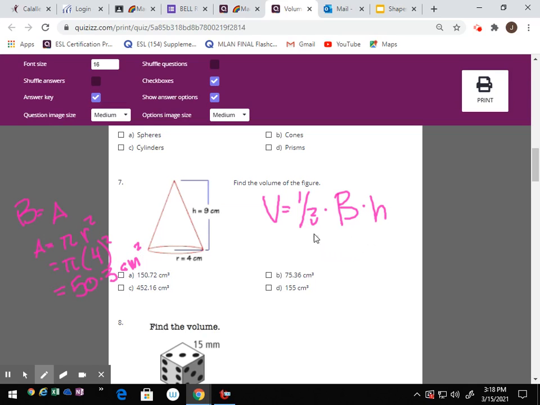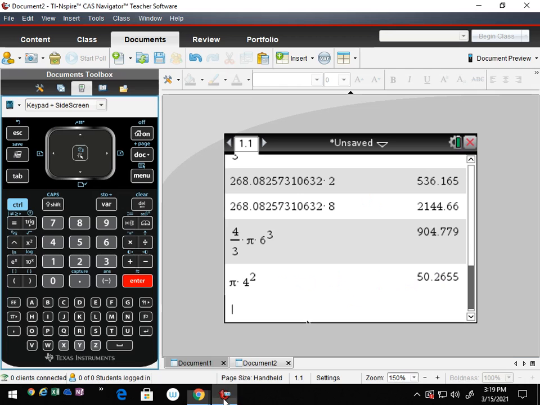So we're going to drop down our 1/3. We're going to drop down our big B, which we just found out to be 50.3, and then our height. Okay. When we talk about our height, we're talking about the whole entire height of the whole entire cone. So we're talking about all of this, which we can see is 9. Let's go to our calculator.